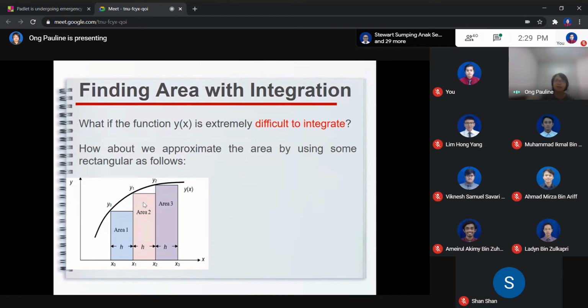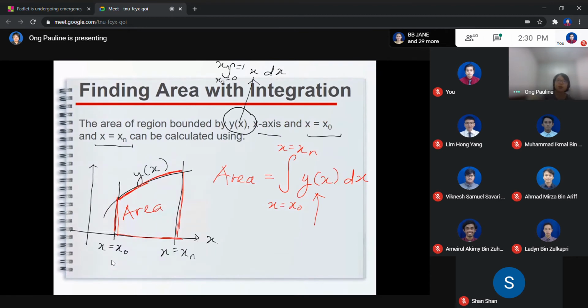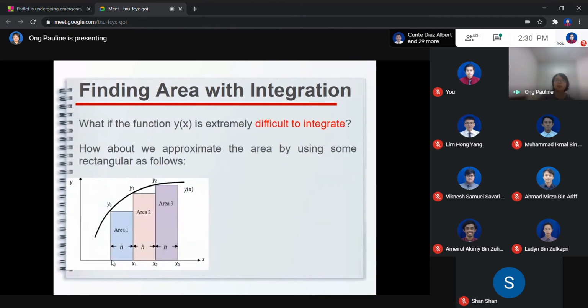Now consider that this is the function y(x). Then we try to approximate this region. This is a similar figure to the previous one. We approximate this region by using 3 rectangles here.